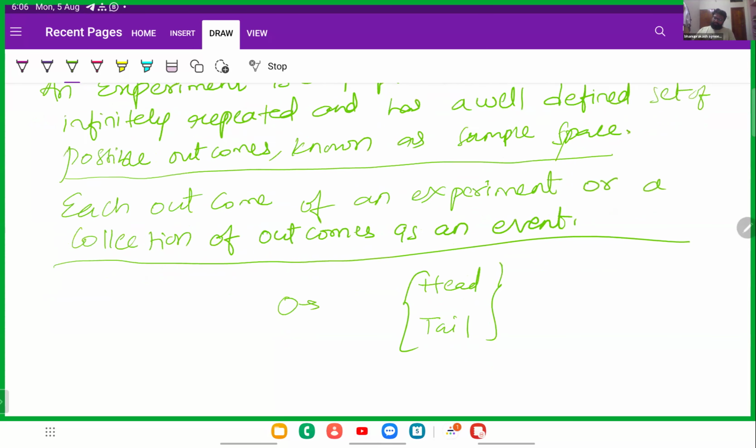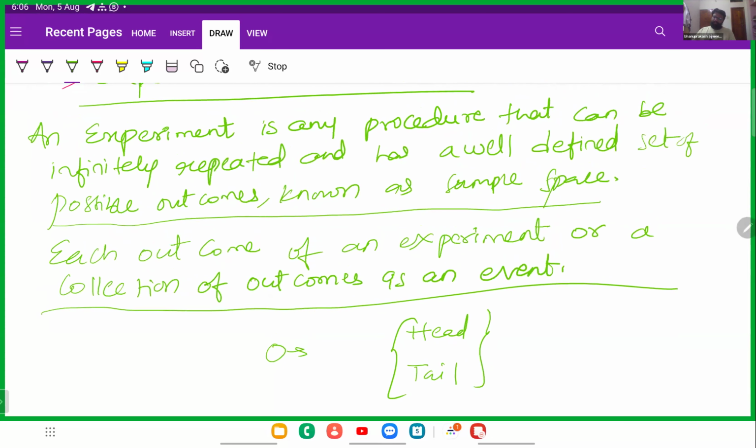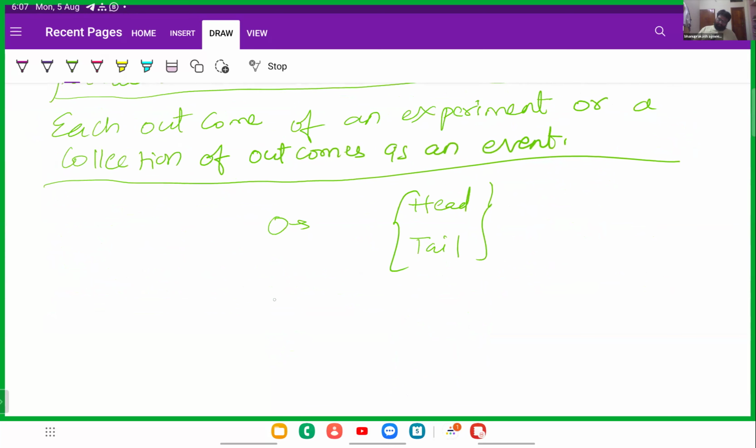Sample space is nothing but this. I already told you, an experiment is any procedure that can be infinitely repeated and has a well defined set of possible outcomes known as sample space. I will repeat infinite times. If I keep on tossing the coin, for one time, what is the sample space? I'm notating head as H and tail as T. This is my sample space.